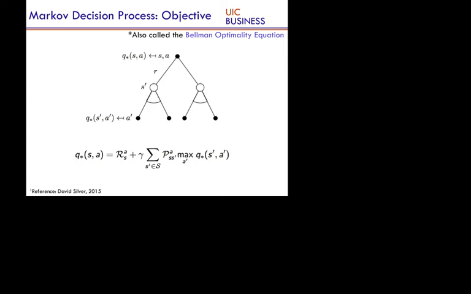Similar recursion to what we saw before. The twist being now we have substituted stars, and also there's a max operation here. It's called the Bellman optimality equation. Previously there was no max operation here.